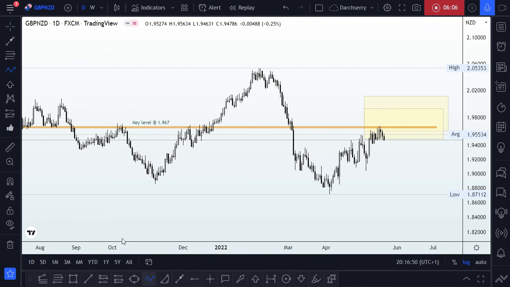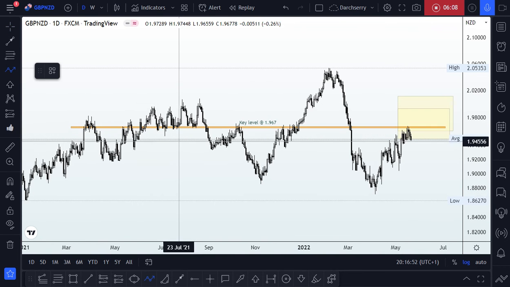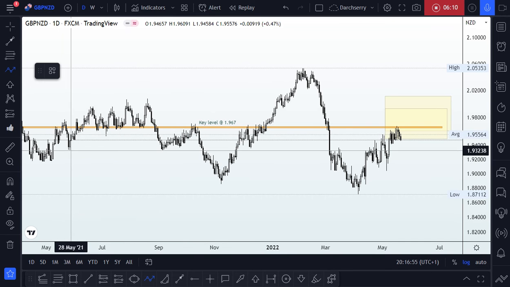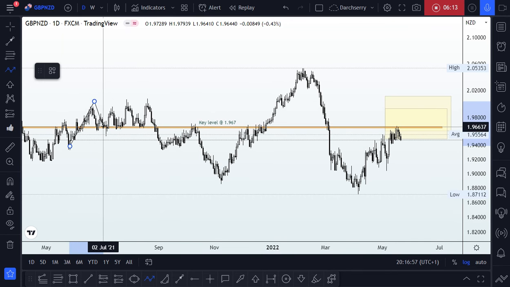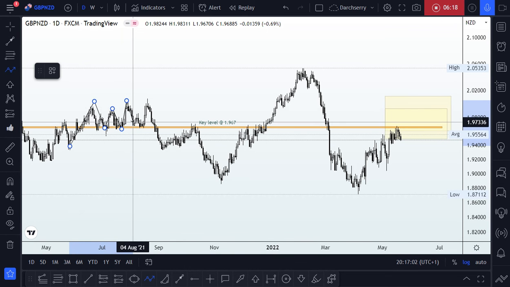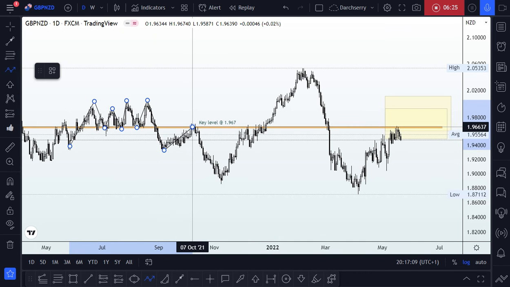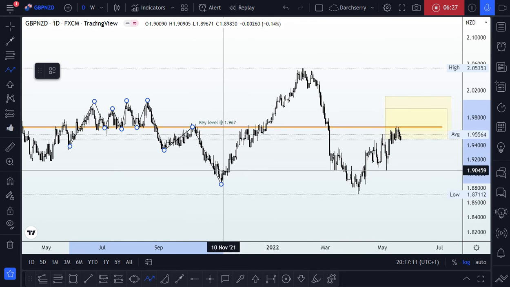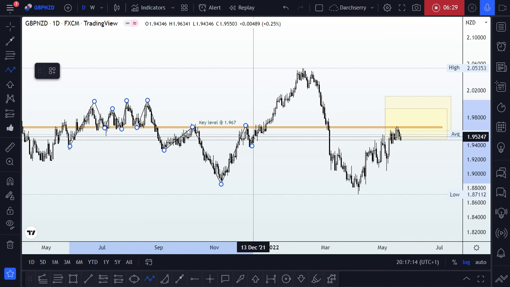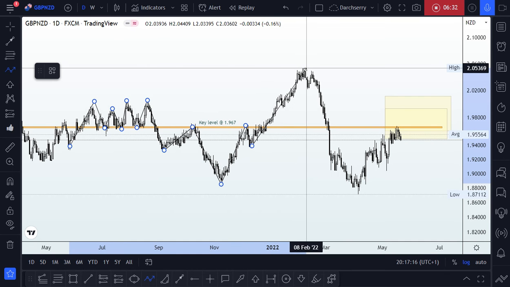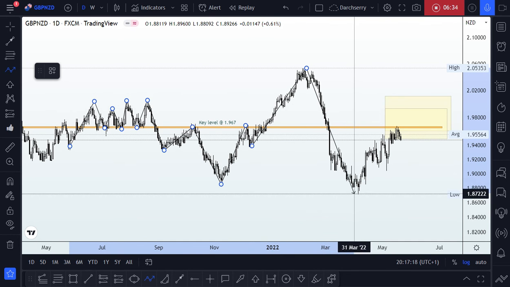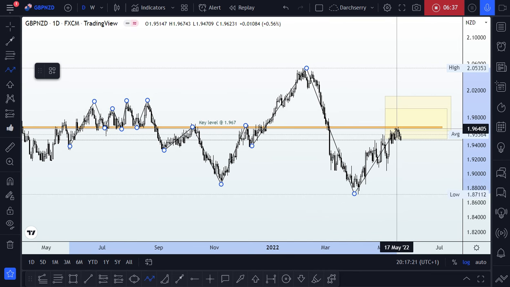So if you would allow me, let me quickly run a visual representation of what we talked about so far. We saw that this level has been a significant determinant of price action since last year, as we can see that a retest sent price up, a breakdown sent price down, a retest sent price down, a rejection sent price down, a breakout sent price up, and then we saw the breakdown here, and it appears we are seeing a retest of that key level at this point.